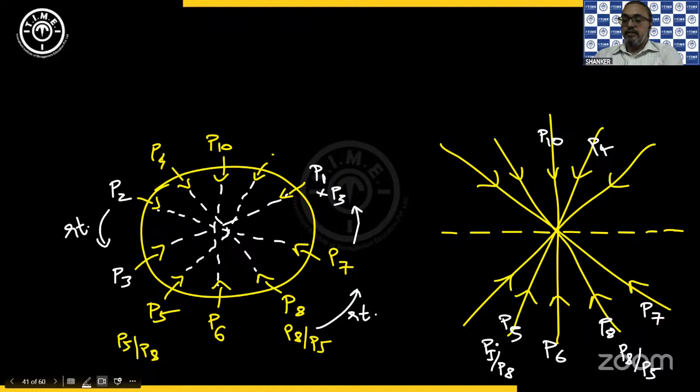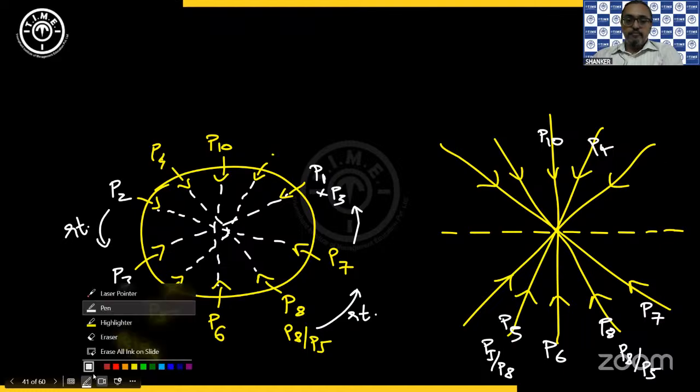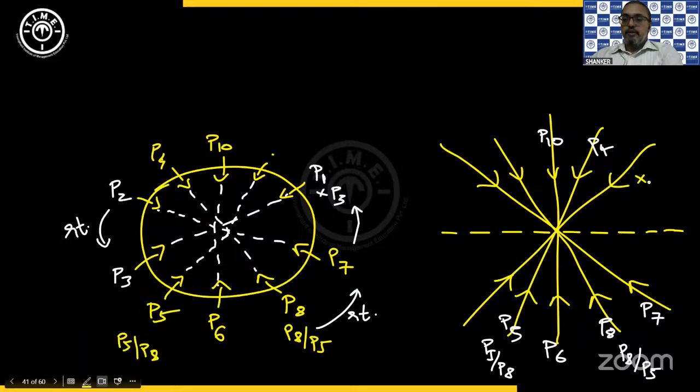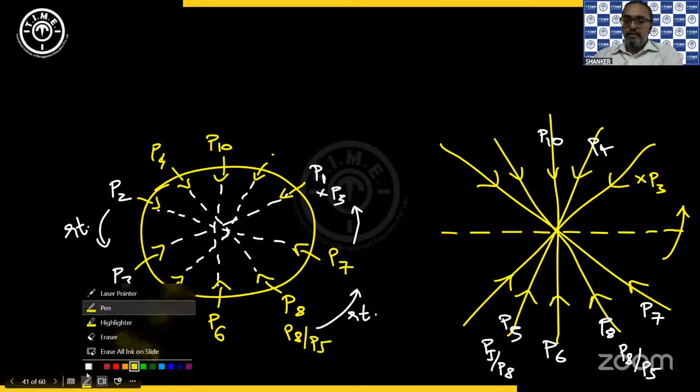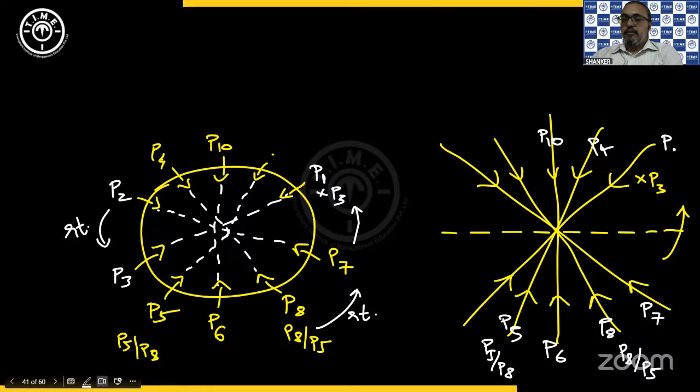Same way here, you cannot have P3 here because it would be immediate right of P7 again, correct? So we will consider P1 and here P3, and we know this is the right side. So this is P2. And then the remaining is P9, correct?